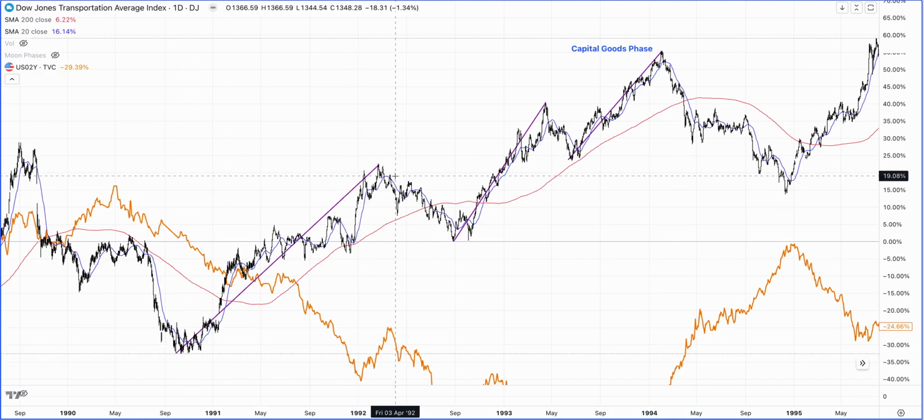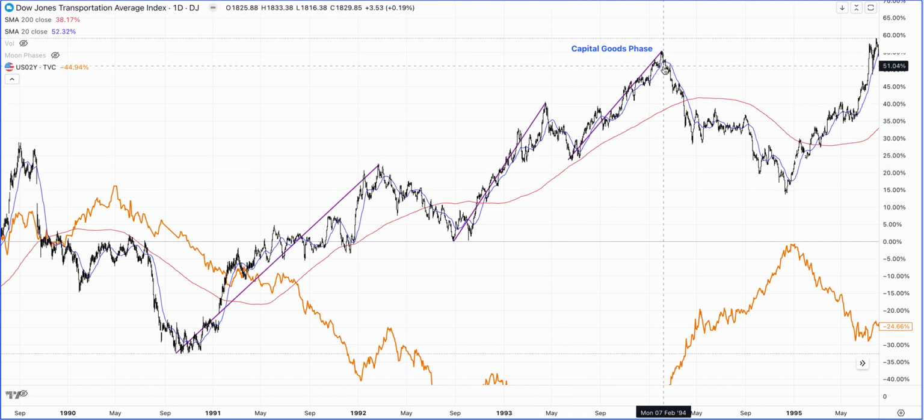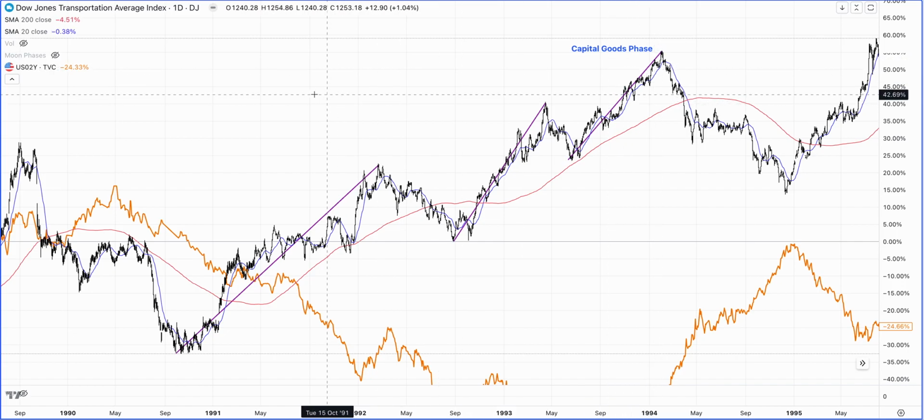So this is the discounting phase. Then this is the phase where the market was transitioning, especially the broader market, and we'll look at that. And then this is where this move ended, with the capital goods phase, and this was the top in the Dow Jones Industrial Transportation.